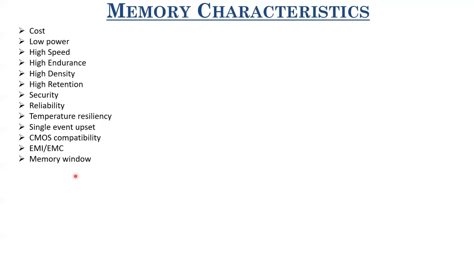However, if the memory window is small, you'll have to make very complex sense amplifiers whose area and energy would be very large compared to the memory array. If in your memory chip the peripheral circuitry is dominating, then you won't like to have such memories. That is why the memory window should be large, so that even with very simple sensing circuitries, you are able to find out whether the data stored is logic 0 or logic 1.